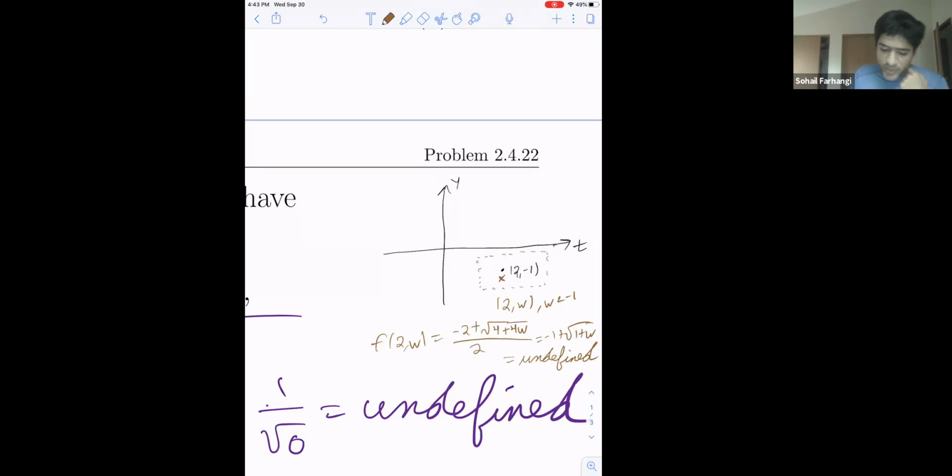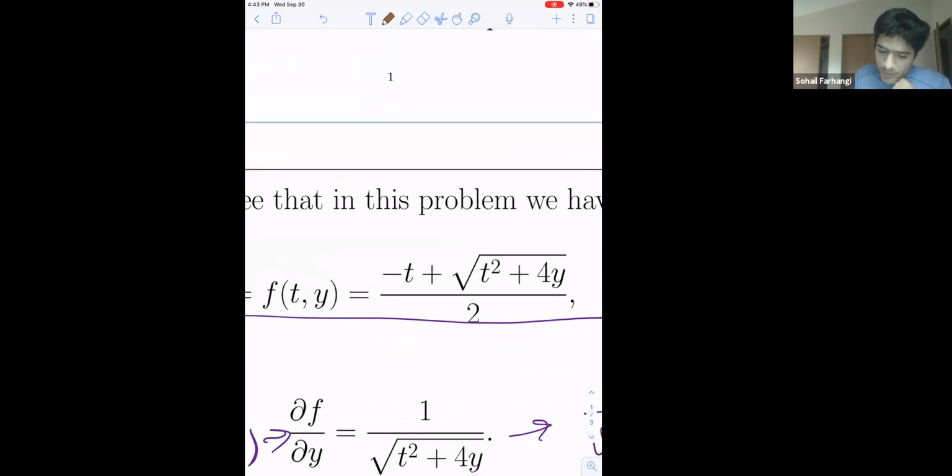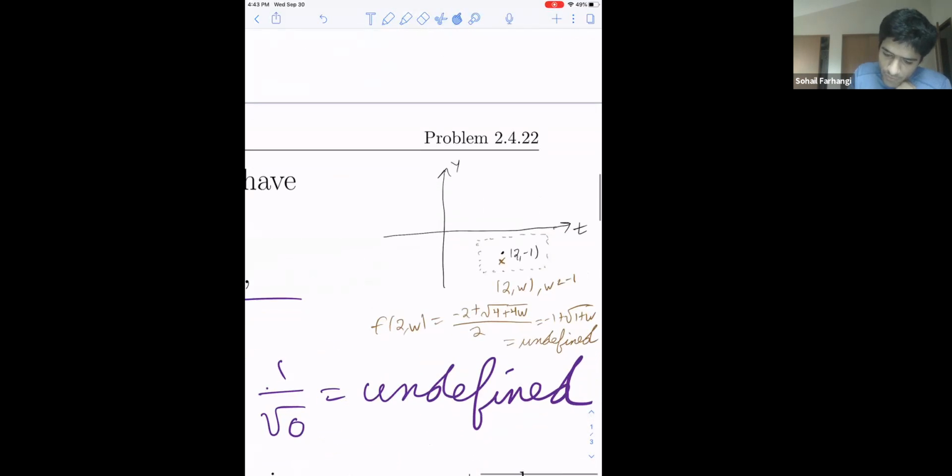So now if we quickly refresh, here was our function f of t, y. It is negative t plus the square root of t squared plus 4y, all divided by 2. So for f of 2 comma w, I have negative 2 plus the square root of 2 squared plus 4 times w, all divided by 2.